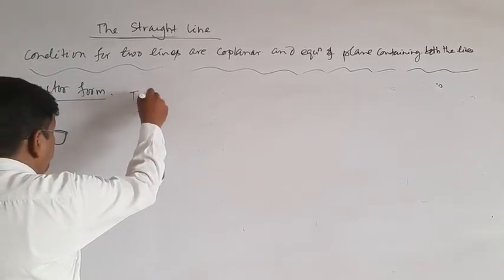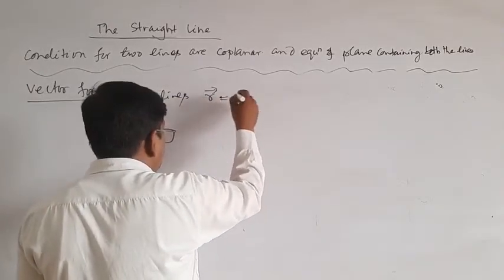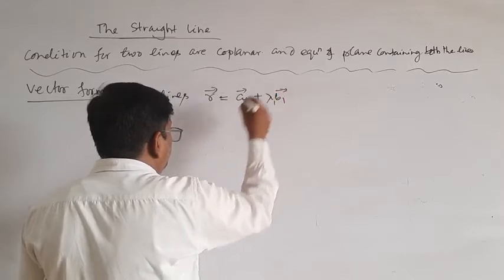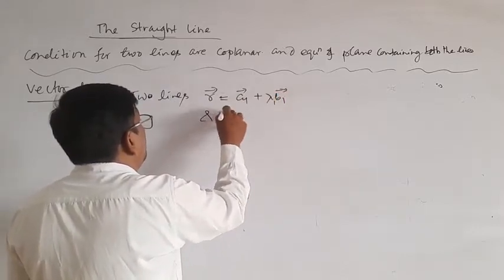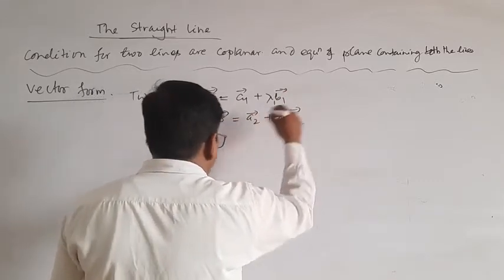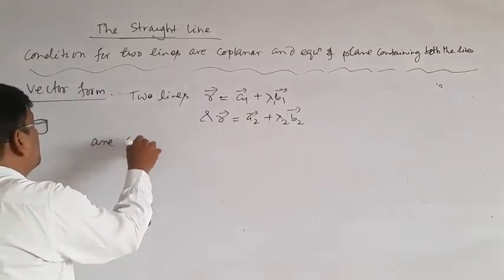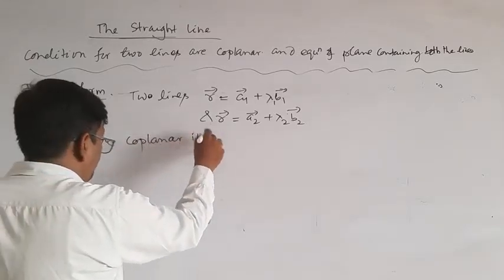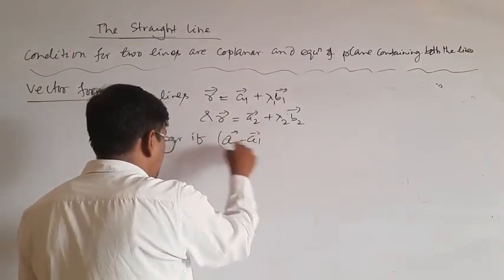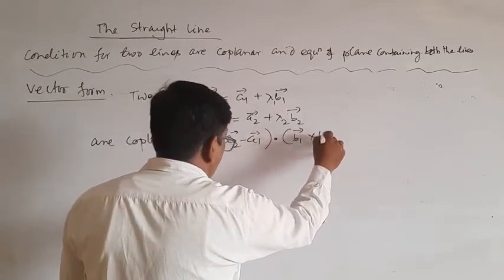Two lines r equal to a1 vector plus lambda 1 b1 vector, and r equal to a2 vector plus lambda 2 b2 vector are coplanar if (a2 minus a1) vector dot (b1 cross b2) is equal to 0.